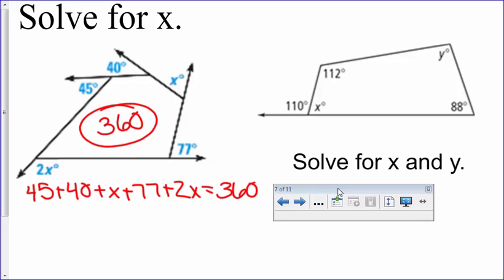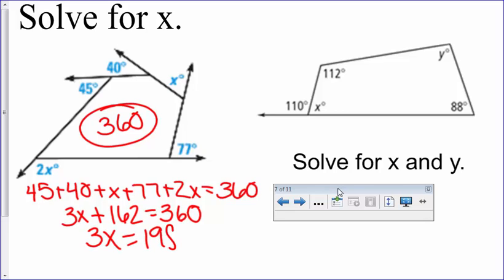Combine like terms, so you should get 3x plus 162 equals 360. Subtract your 162, so you get 3x equals 198, and then divide by 3, so you get x to equal 66. You could do 2 times 66 if you were actually asked to find that, but we're just solving for x. So exterior angles equal 360.